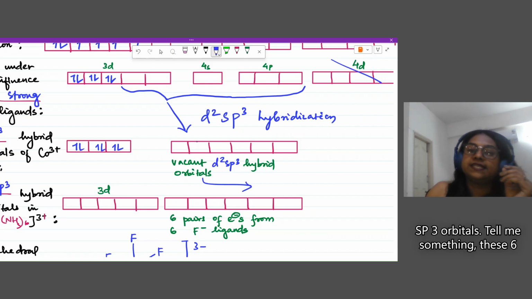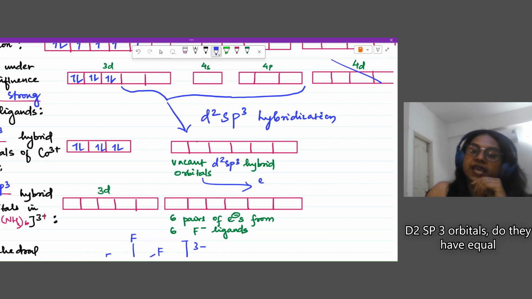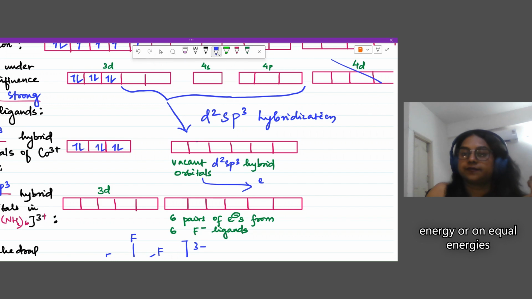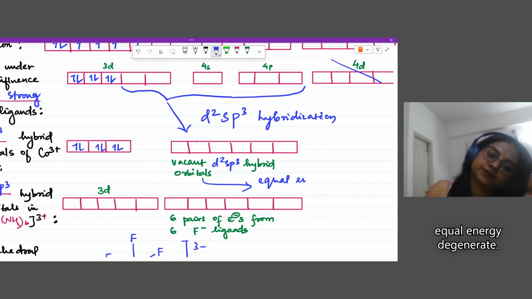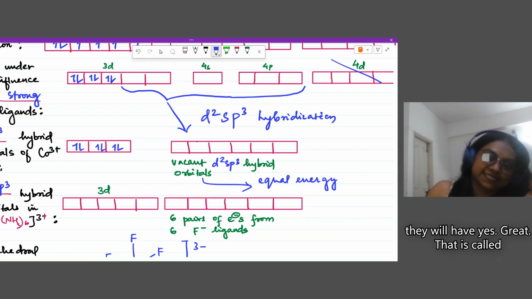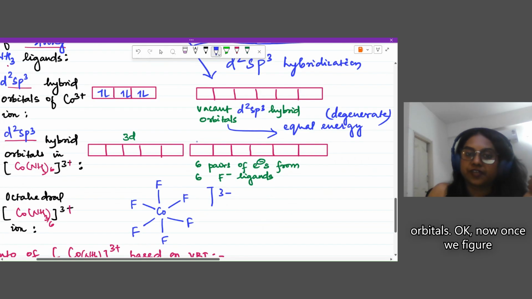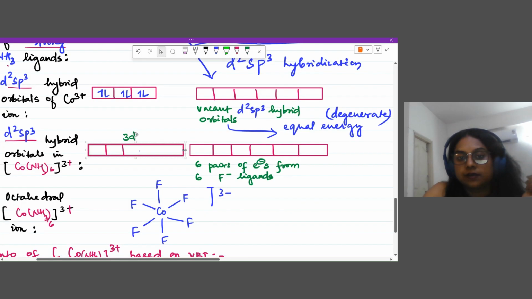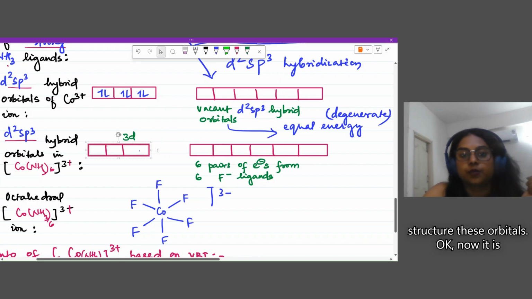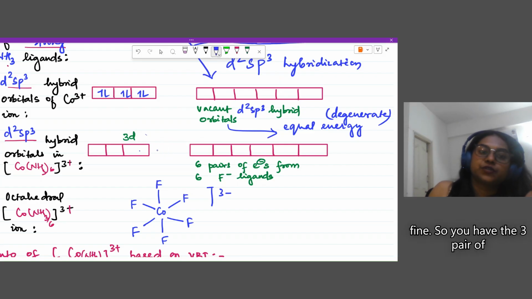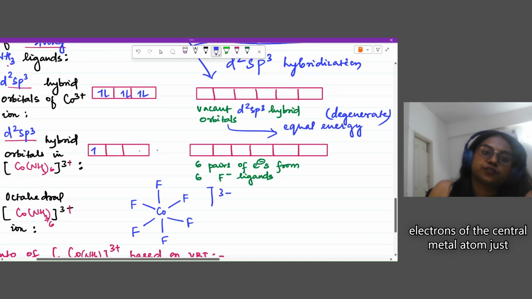Tell me something, these six d2sp3 orbitals, do they have equal energy or unequal energies? They will have equal energy. That is called degenerate orbitals. Now, once we've figured that out, just give me a second to structure these orbitals. Okay, now it's fine. So you have the three paired up electrons of the central metal atom just as they are.